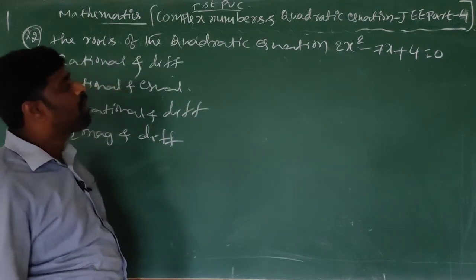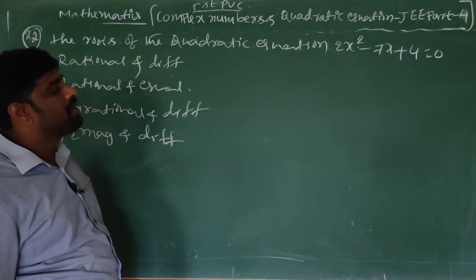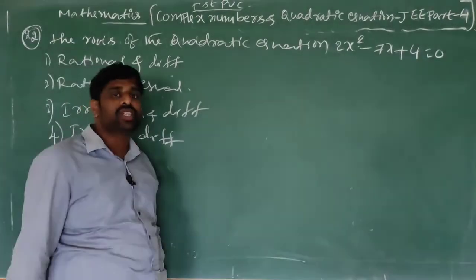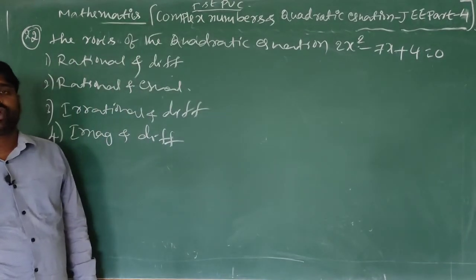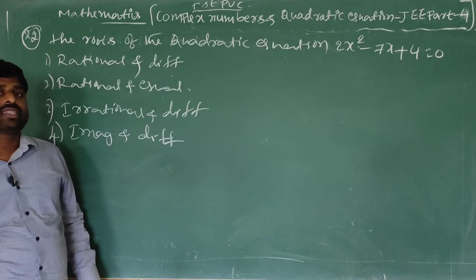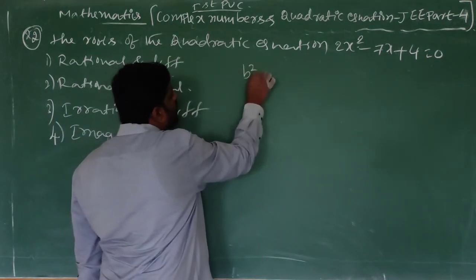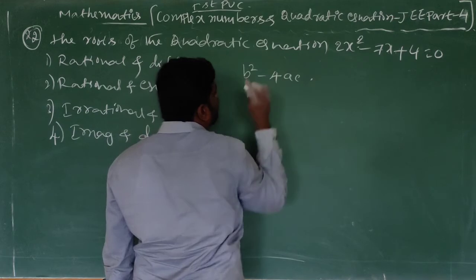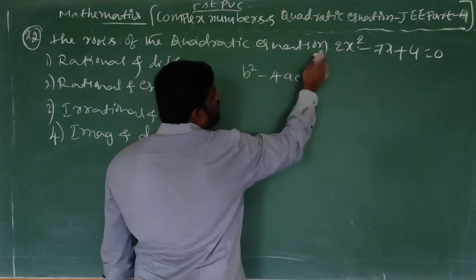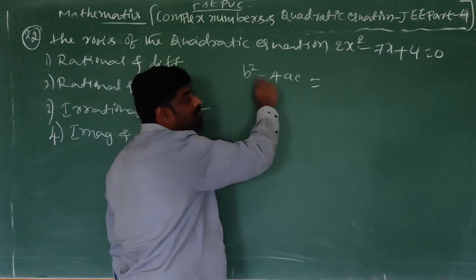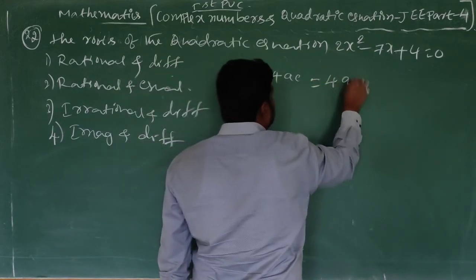See the question. The roots of the quadratic equation 2x square minus 7x plus 4 is equal to 0. So we have to find the nature of roots. Nature of roots means we have one discriminant formula. What is the discriminant? b square minus 4ac. What is the b value? Minus 7, whole square means how much? 49.